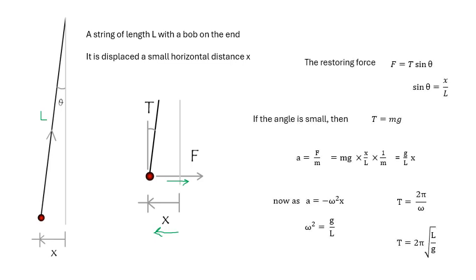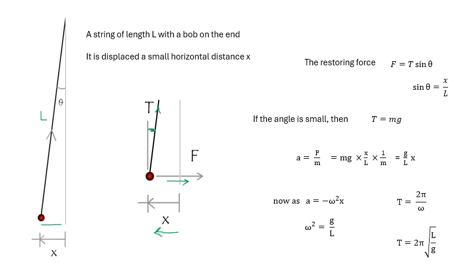Here's the maths, the restoring force. Now the restoring force is going to be the horizontal component of the tension. So the tension in the string is T. This angle here is theta, so F is T sine theta, and sine theta is x over L, looking at this triangle here.